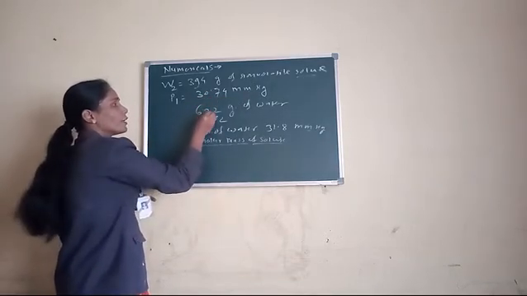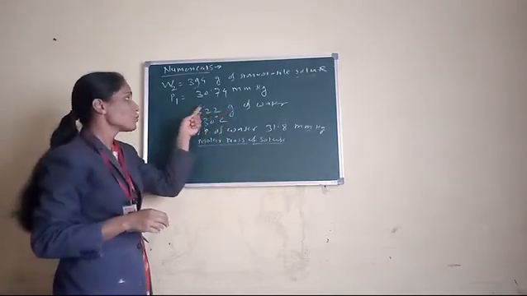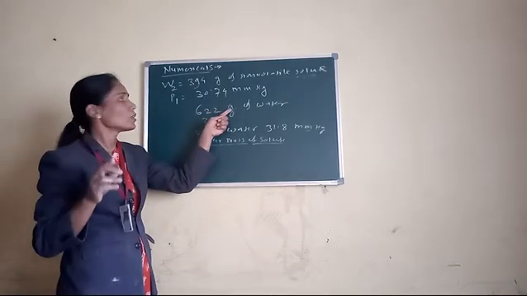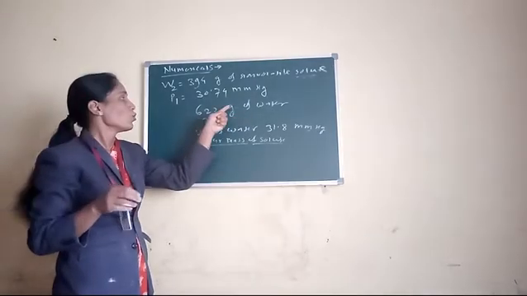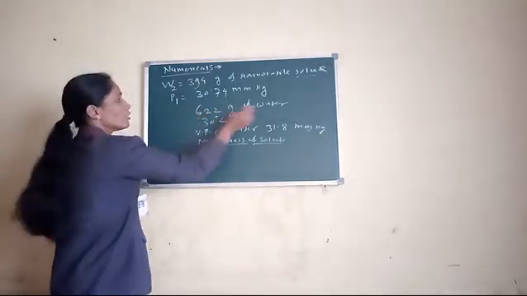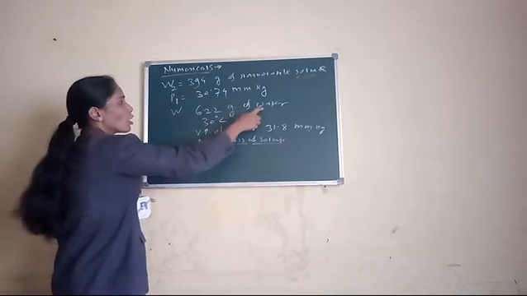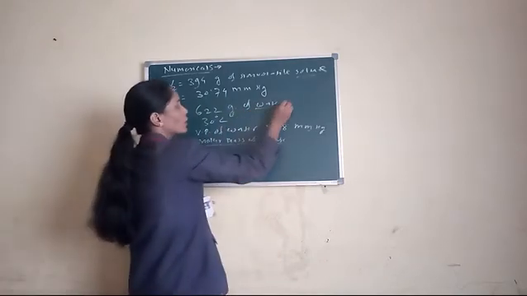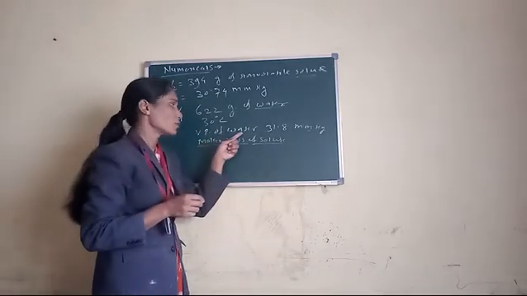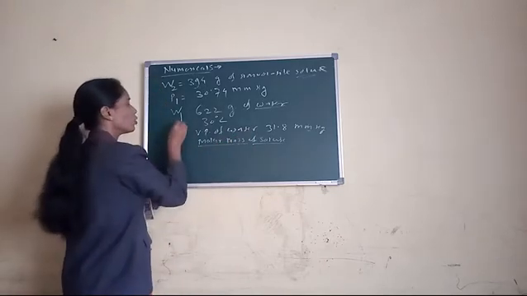Then 622 gram of water. Water means solvent and gram means weight, not molar mass. Molar mass has the unit gram per mole, and only gram means weight, W. Here the solvent is water, therefore denoted by 1, W1. Vapor pressure of water, the pure solvent, is P1 naught.